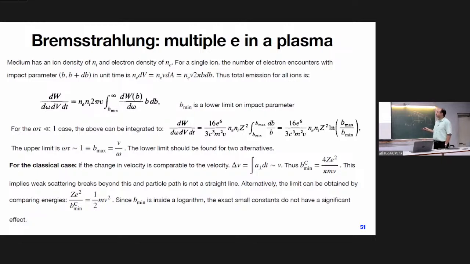So what you will have to do is find out this angular area. If this is the given ion, and this is one electron, we take a small excursion about the impact parameter. This is the impact parameter b of one electron.